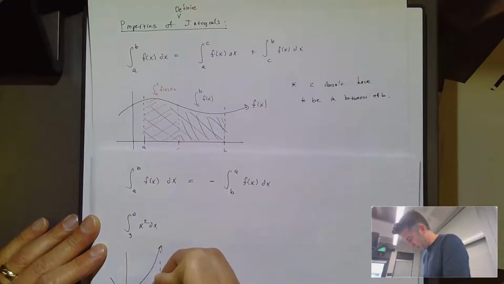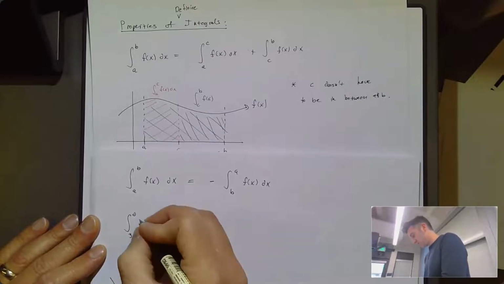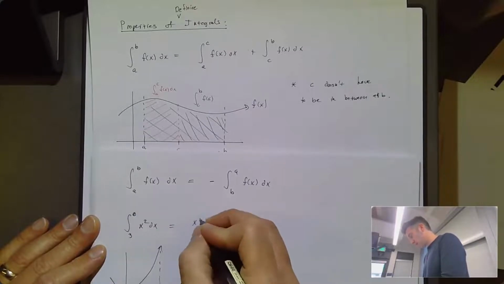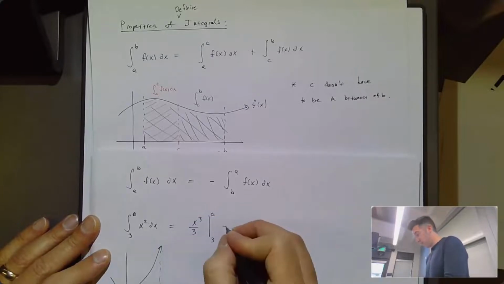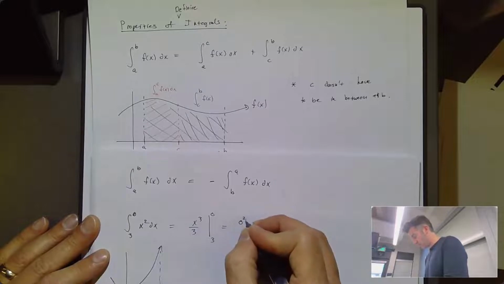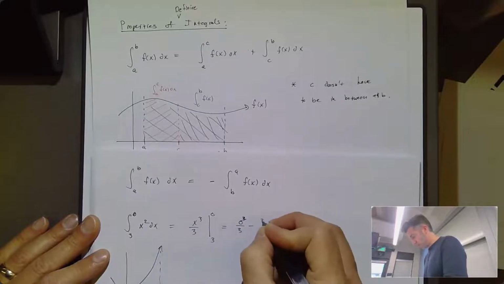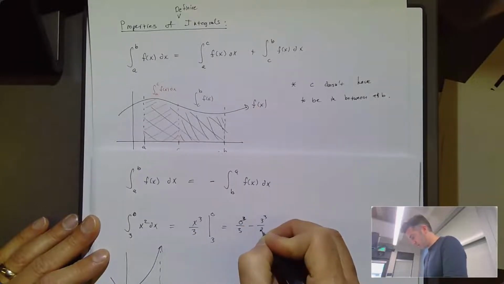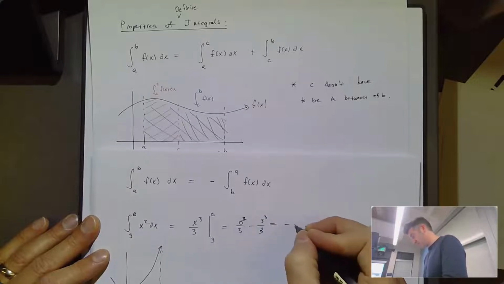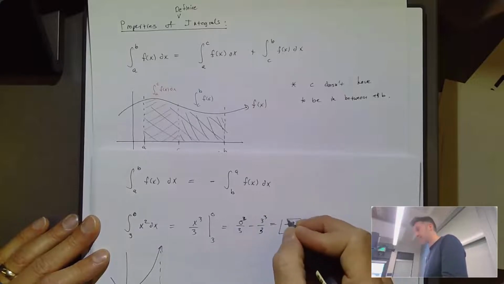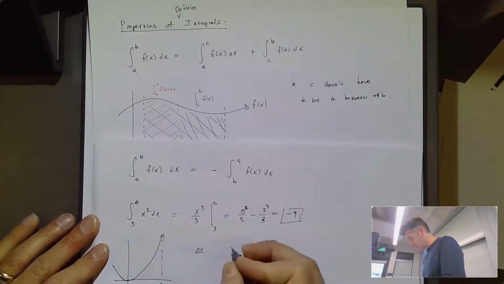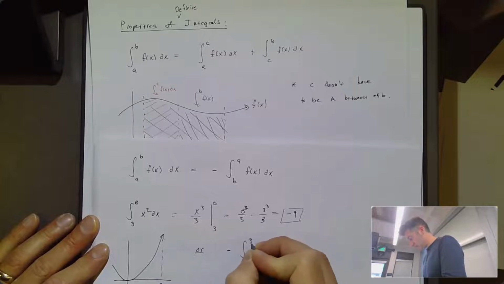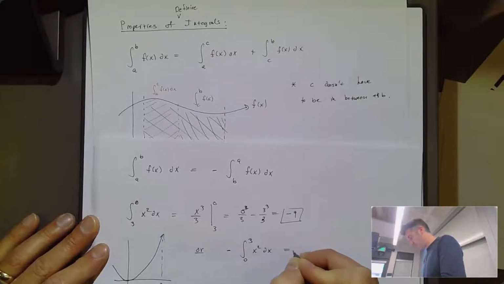If I'm finding that, I'm going to end up getting a negative value because I'm going to get x cubed over 3 from 3 to 0, and we always plug in the top limit first minus the bottom limit second. And that's going to end up being negative 27 over 3. We could have rewritten it as negative the integral from 0 to 3 of x squared dx. And we would have gotten the same thing.